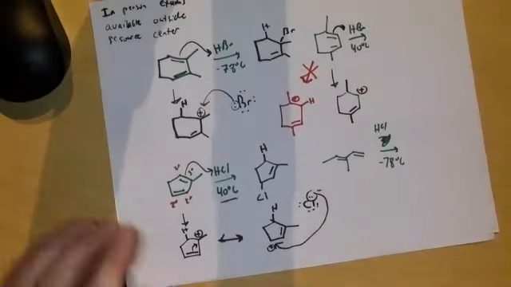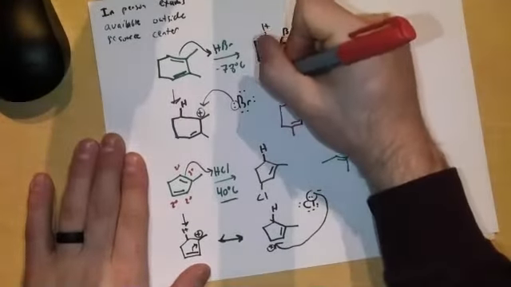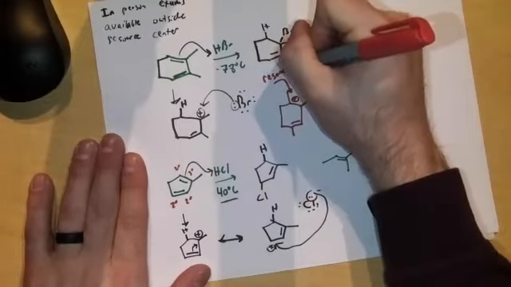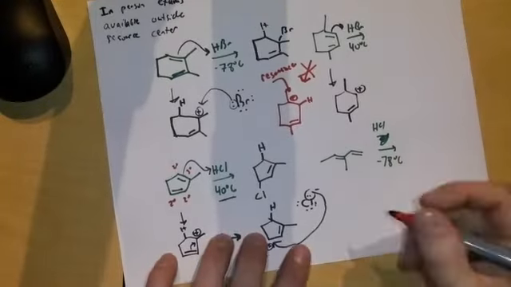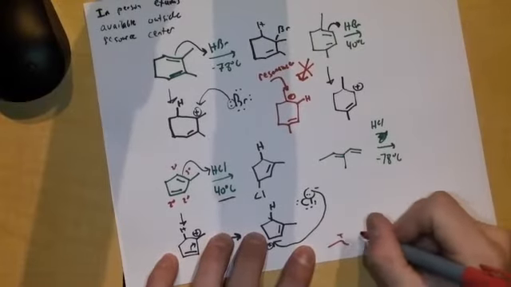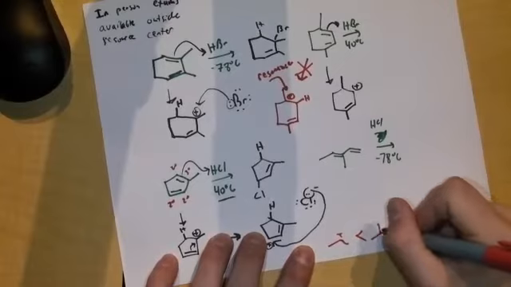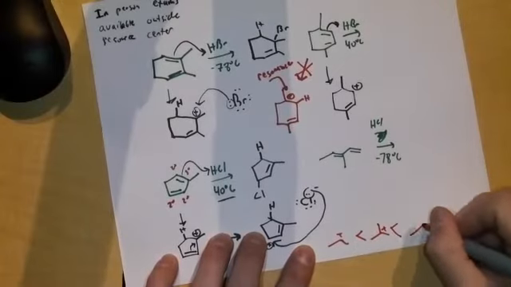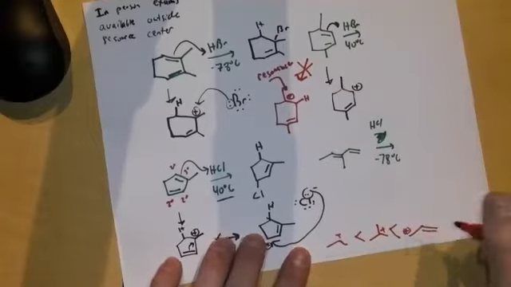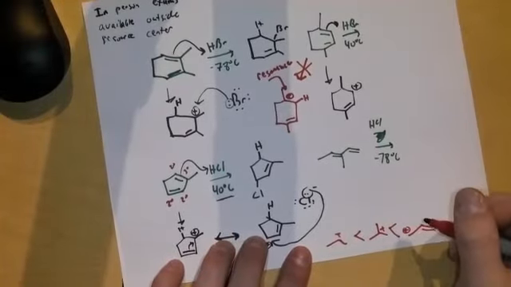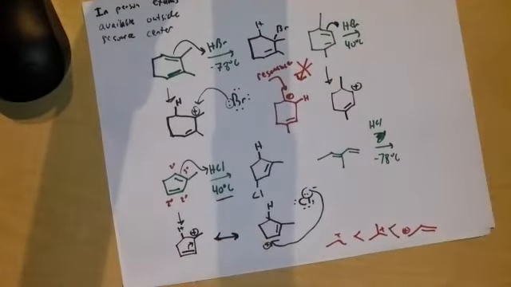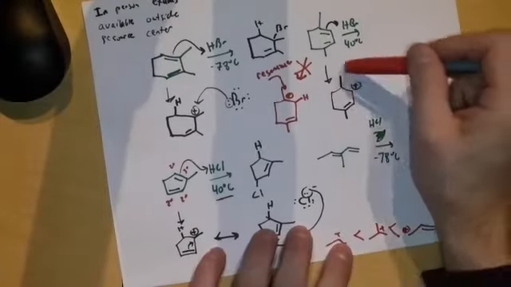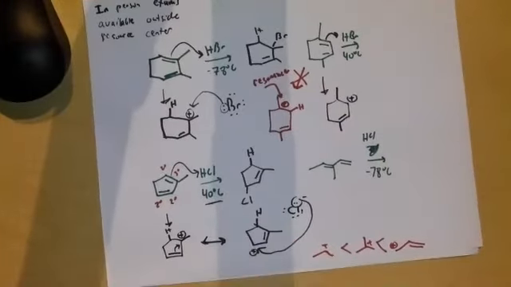The reason for that is that this doesn't have any resonance. Essentially anything that has resonance is more stable than something that doesn't. If you're thinking of your little chart of increasing resonance, even a primary center with resonance is more stable than a tertiary center here. So we're always going to form a carbocation that has resonance, which means that we're always going to form this carbocation drawn in black here.